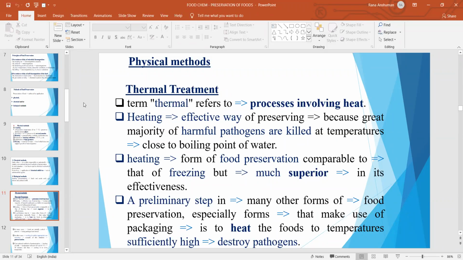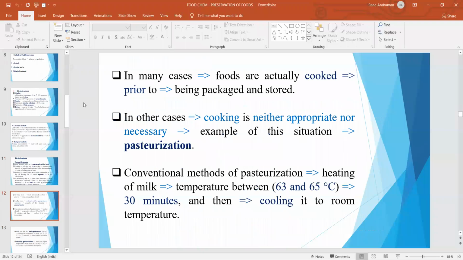A preliminary step in many other forms of food preservation, especially forms that make use of packaging, is to heat the foods to temperatures sufficiently high to destroy different pathogens.